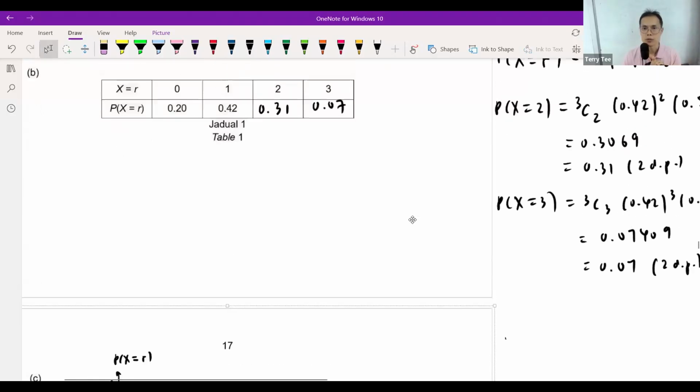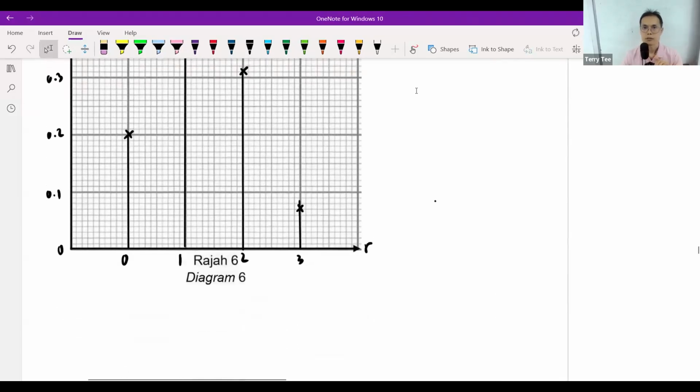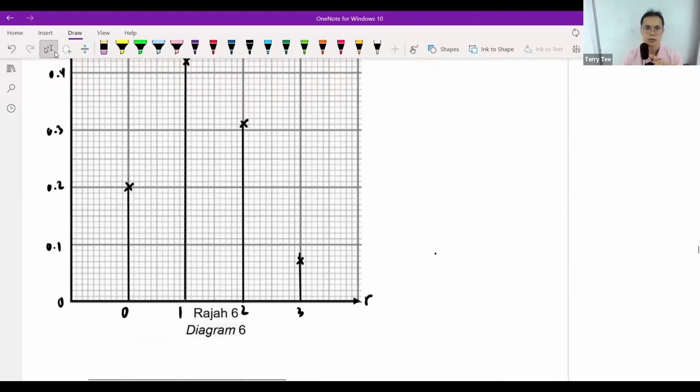Last one, 0.07. 0.07 is around here. With the cross, the cross a bit lower, so maybe adjust it downwards a little bit. Okay, let me adjust.